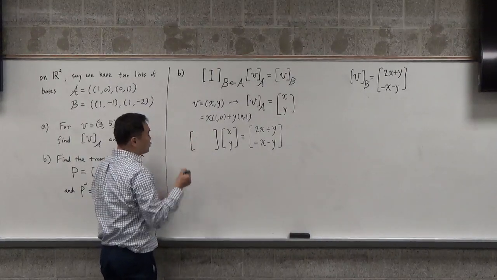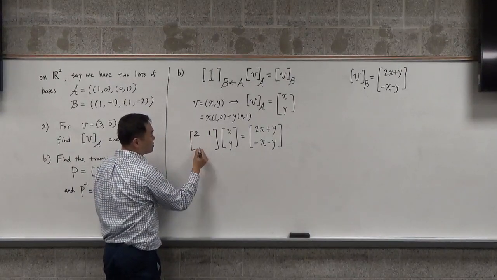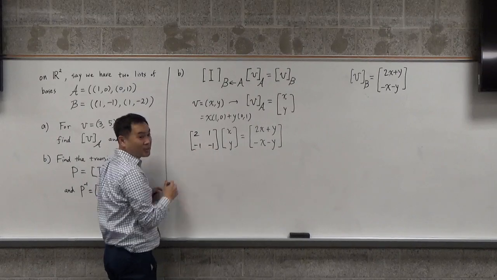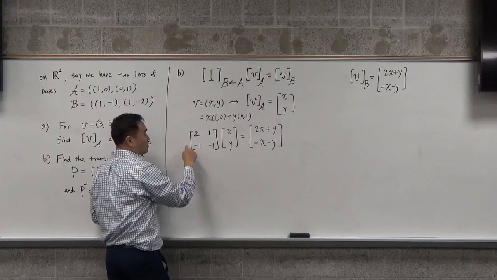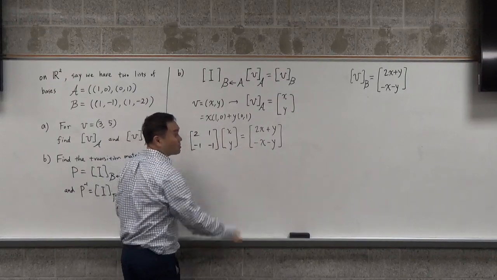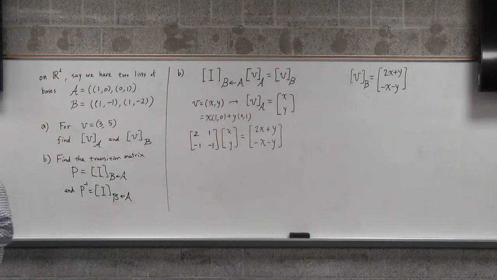Yeah, it's 2, 1, negative 1, negative 1, right? If you do across down, you get this, and across down, you get this. Is that okay?